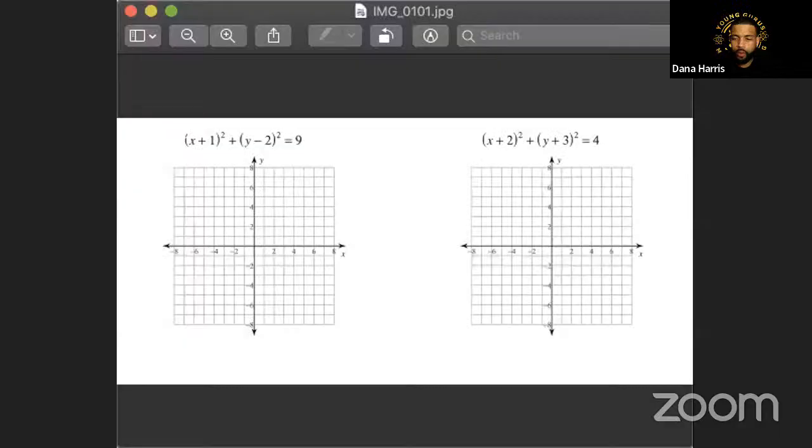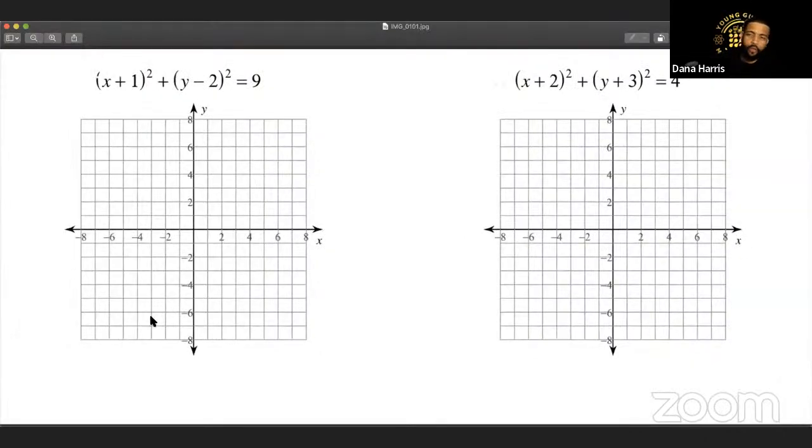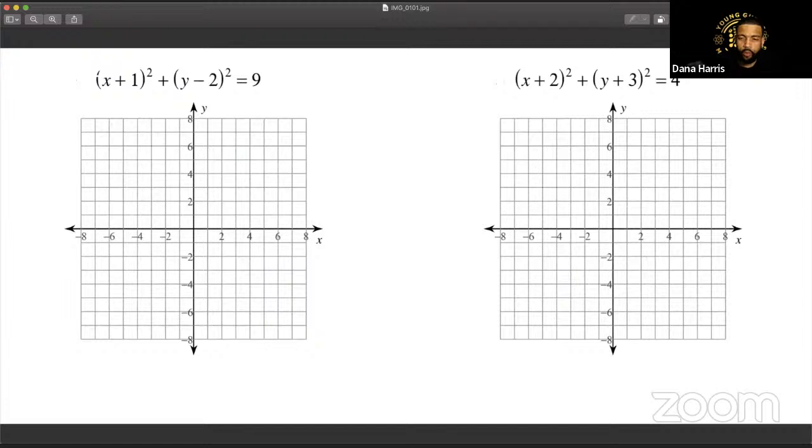I'm going to share my screen, though, and we are going to get it started. If I can pull up this. There we go. So here we have these 2 graphs. And we're going to start with the first one.